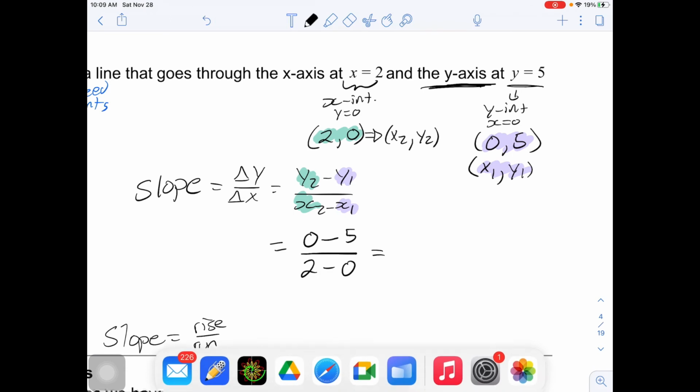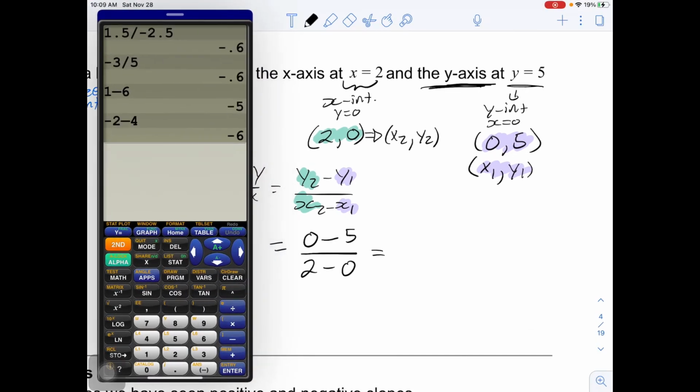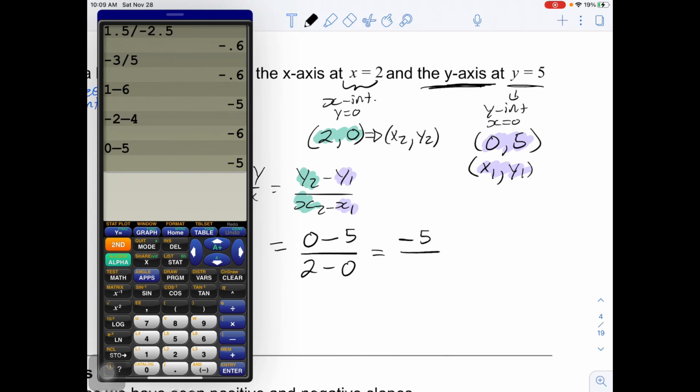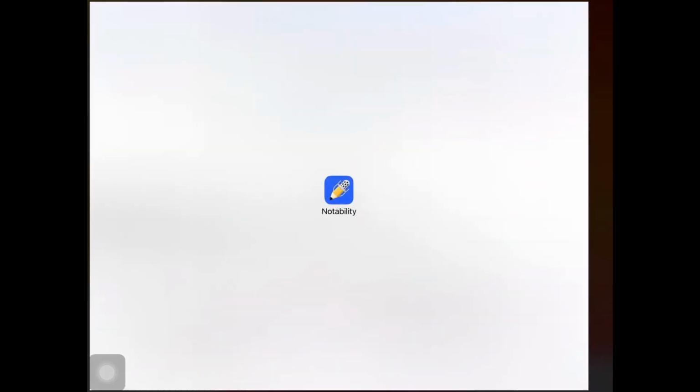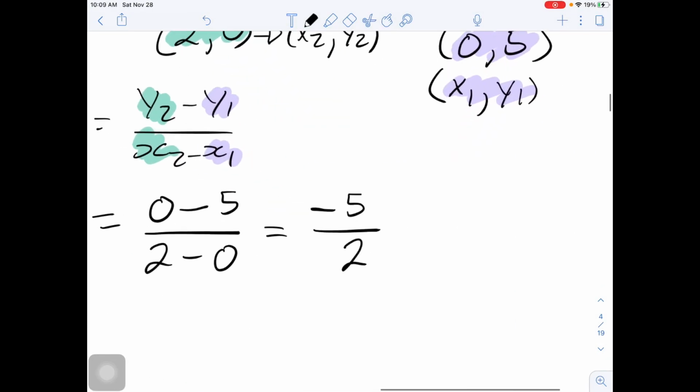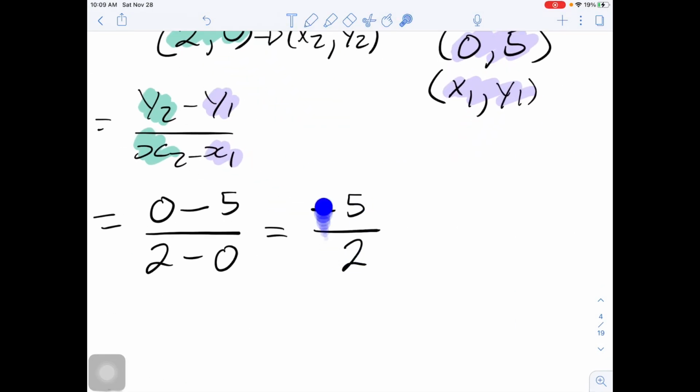And again, using your calculator is usually a solid idea: 0 minus 5, because negatives are really important in this. And then 2 minus 0 gives me positive 2. From there, you actually can't further simplify, right? 5 and 2 aren't divisible, and you only have 1 negative, so you're going to keep it.